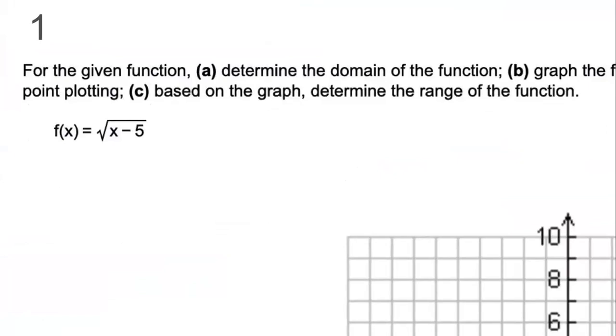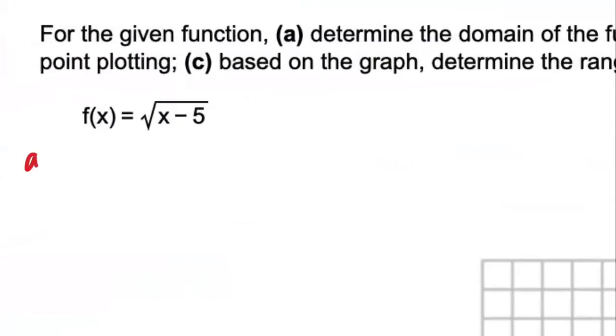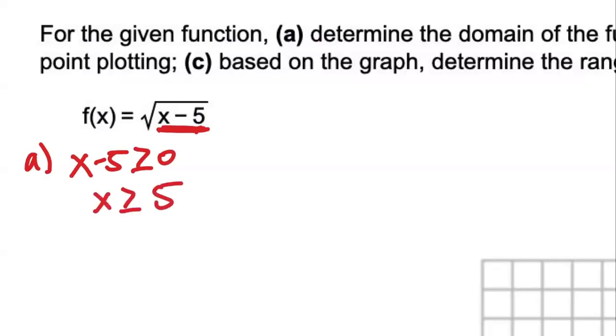So remember, to find the domain, I take whatever's inside the radical. So this thing right here, greater than or equal to 0, solve for x. X is greater than or equal to positive 5. That is my domain.